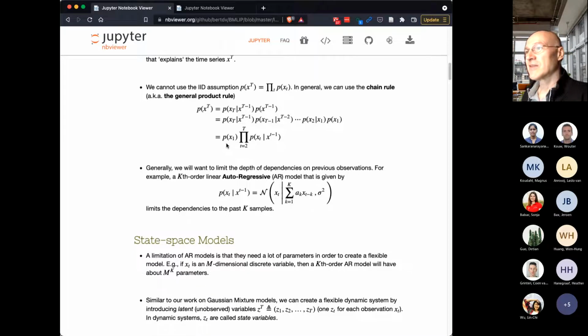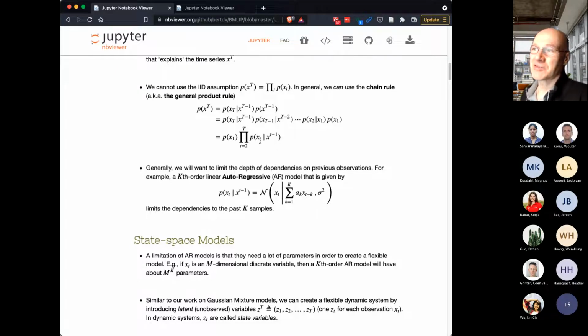Now we want to choose, for instance, Gaussians for this. The only thing is that these terms, P of x of t given x of the entire past, the number of variables in this probability distribution keeps growing over time. So we really need to limit that.